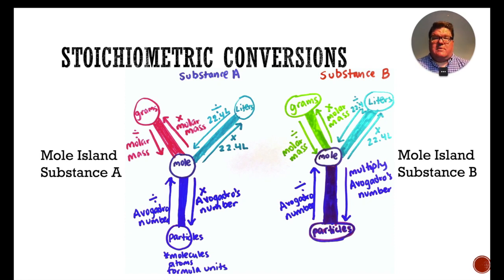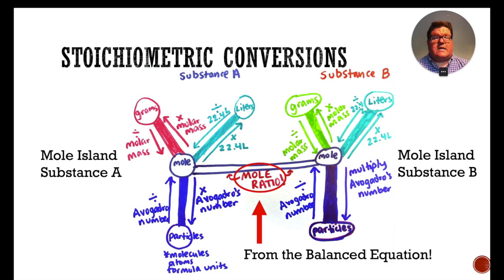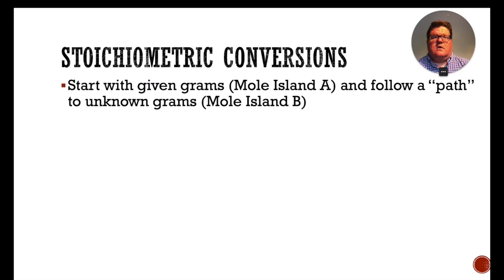If we want to make the jump from substance A over to substance B, then we would need to use the mole ratio, which comes from the balanced equation, those coefficients in front of the particular substances. So if we start with a given amount of grams of substance A, we can follow a path to get us to our unknown grams, let's say, for substance B.